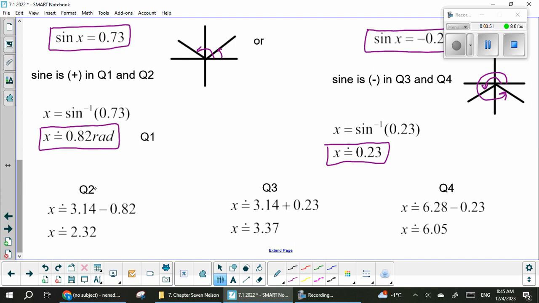So for this first one, I'm going to subtract the related acute angle from 3.14, so that's this part here, and I will get another angle. And for the second option, I will add the related acute angle to the pi value, 3.14, because we're looking at quadrant 3, and then I will subtract that related acute angle from 2 pi, or 6.28, to get that last option.